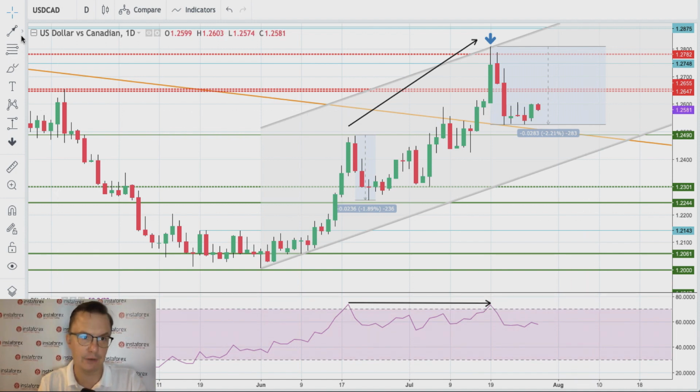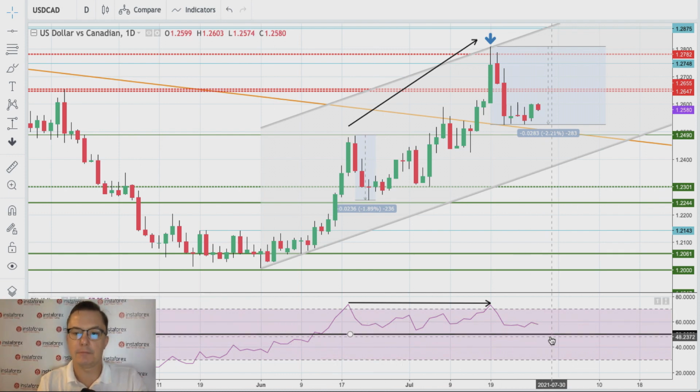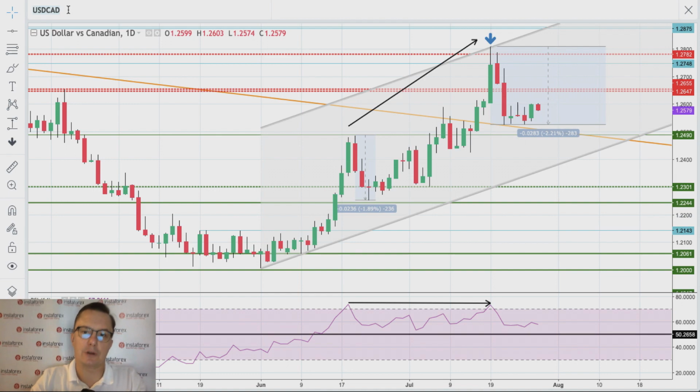Let's put the level of 50 on our RSI graph, so that would be a thick black line. A breakout here, meaning anything below 1.2490, means that the market is in a bearish stage of the correction.